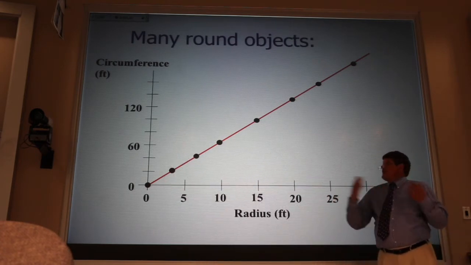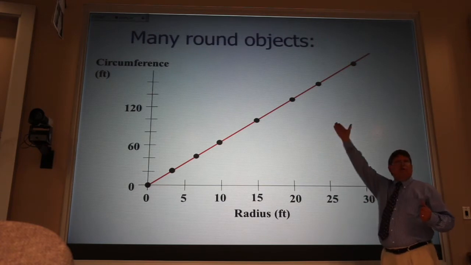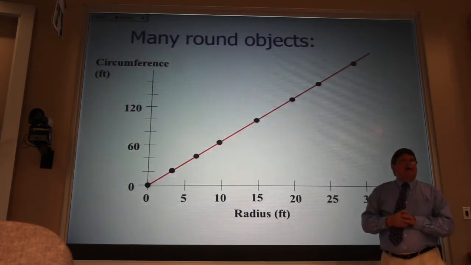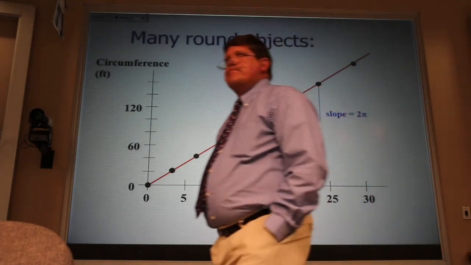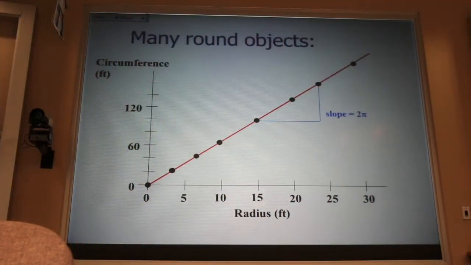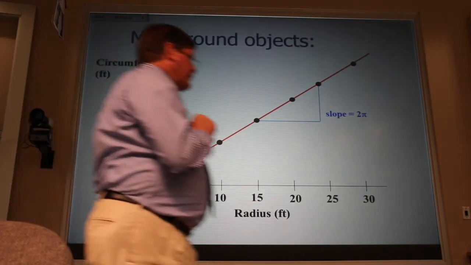I find to my delight that all of my objects in the room that are circular lie on a single straight line graph, where the slope of that graph is 2 pi, 6.28, 6 and change. What does that slope tell you about circles? What does 6.28 tell you about circles? Talk to your neighbor, please.